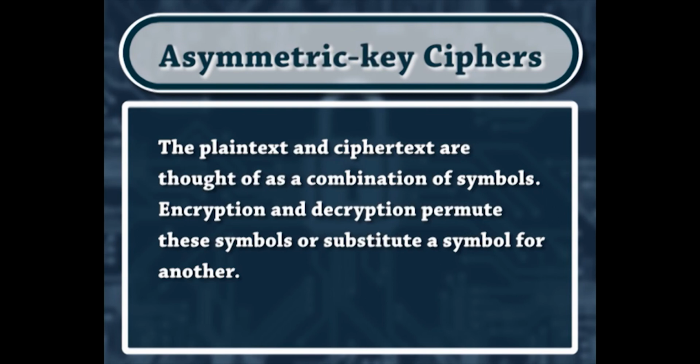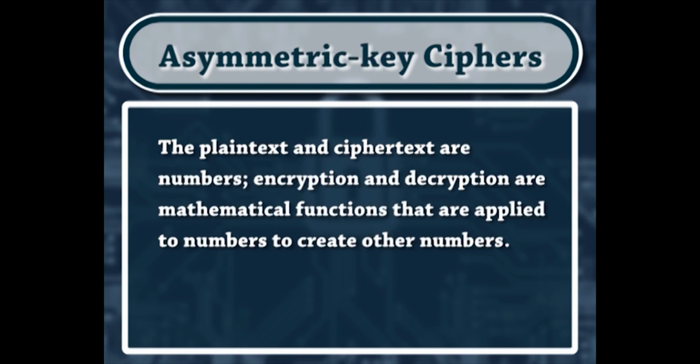In symmetric key cryptography, the plaintext and ciphertext are thought of as a combination of symbols. Encryption and decryption permute these symbols or substitute one symbol for another. In asymmetric key cryptography, the plaintext and ciphertext are numbers. Encryption and decryption are mathematical functions that are applied to numbers to create other numbers.